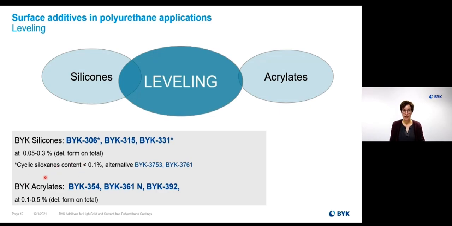Here we can say that we now have also some cyclic siloxane content reduced alternatives where the content is lower than 0.1%. Like for the 306, we have the BYK 3761, and for the BYK 331, we have the 3753. You can exchange it one by one.